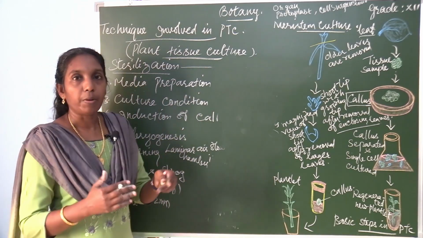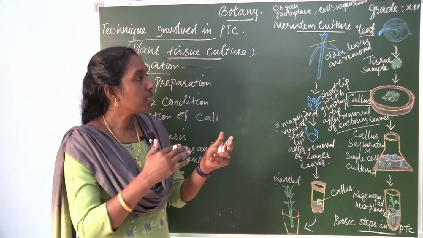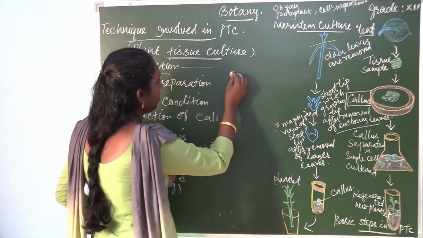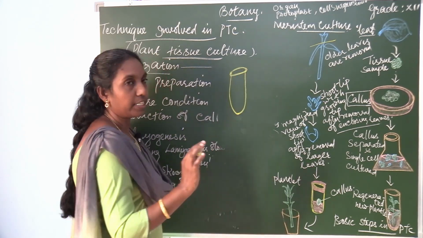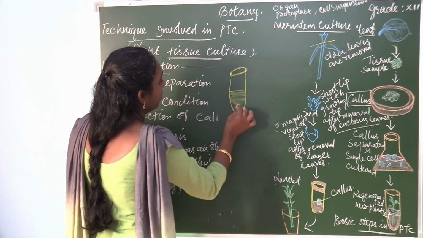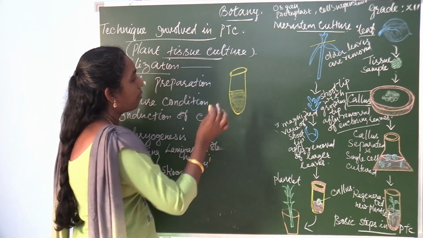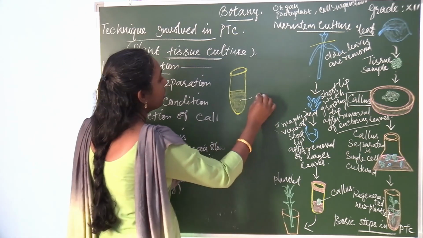The media preparation. When cells grow in a culture medium, they cannot grow naturally, so they are taken into a culture medium. Here the culture medium contains hormones like auxin.